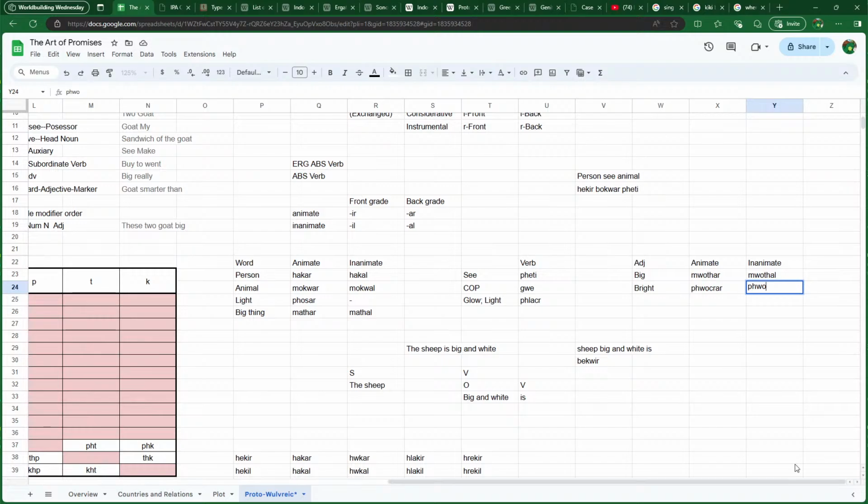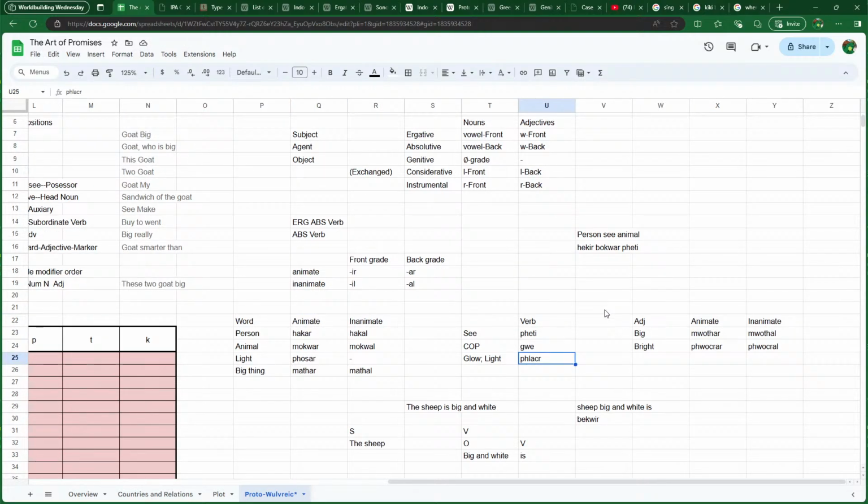And then Pwoshral. Pwoshral. Because inanimate things can be bright. So light is the thing. The verb to glow comes from taking light from something. It's a considerative. And then bright. Right.